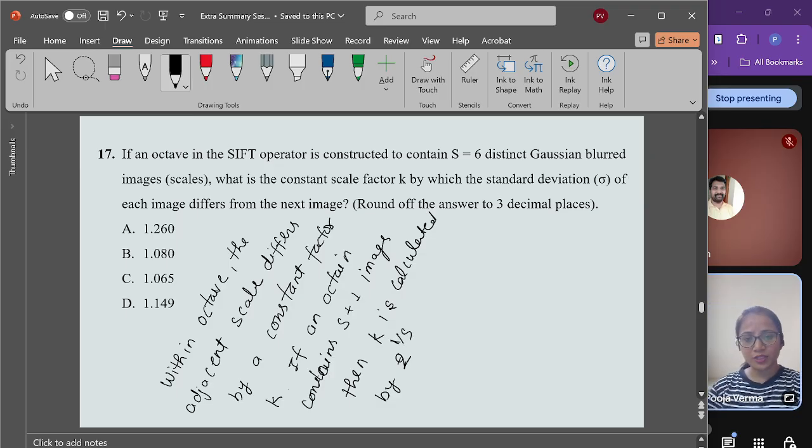You must have solved this type of question in the previous week's question-answer session as well as in your assignment problems.